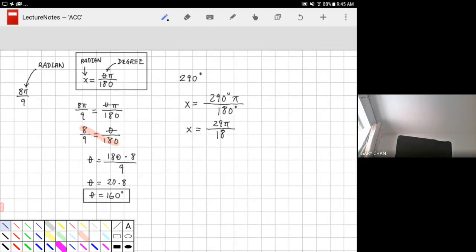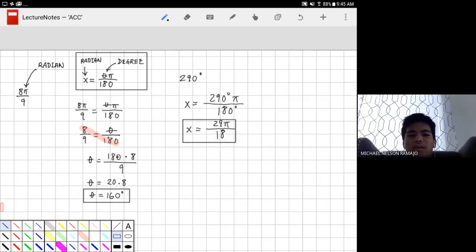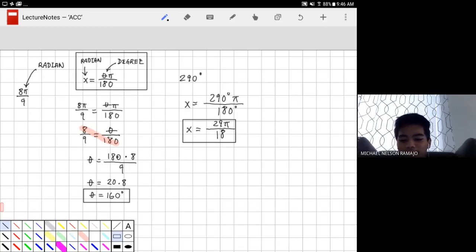So the radian measure of 290 degrees is simply 29 pi over 18. Okay, let me put that in. 29 pi over 18. Got it. Two more to go.